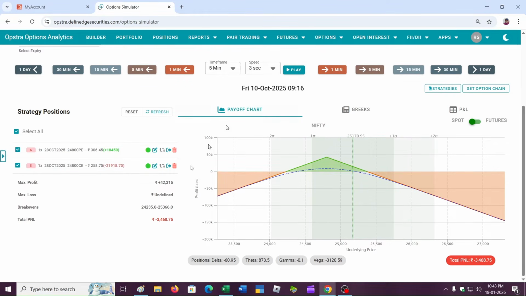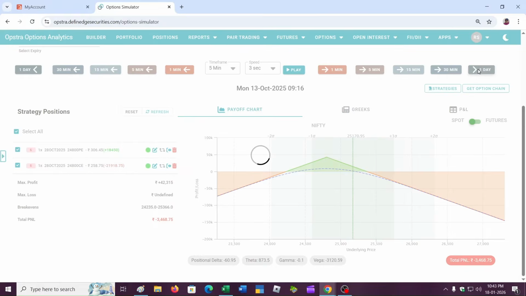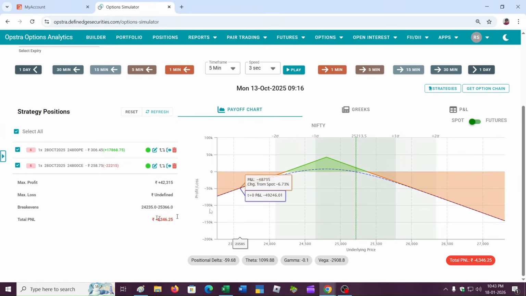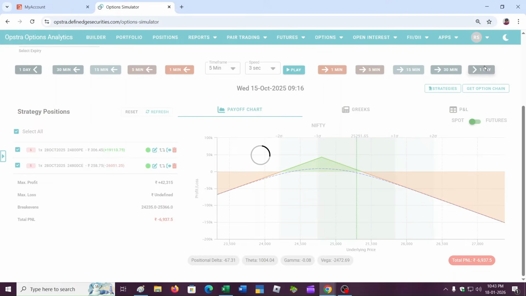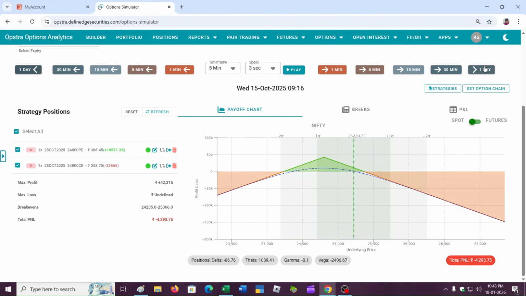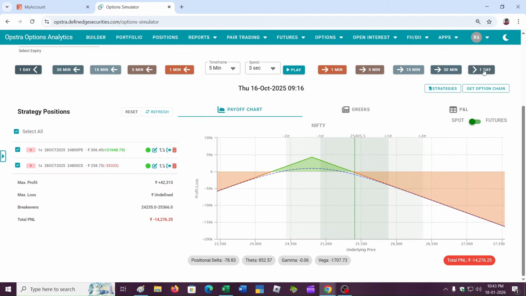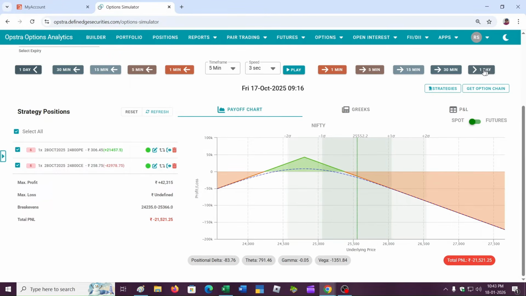Another day, as of 10th of October, we have 3,500 MTM loss, 4,000 loss, 7,000, 14,000. It's going into the loss area, and we are on 17th October with not much time left because the expiry is on 28. We have 11 more days to go, but we are in the loss.